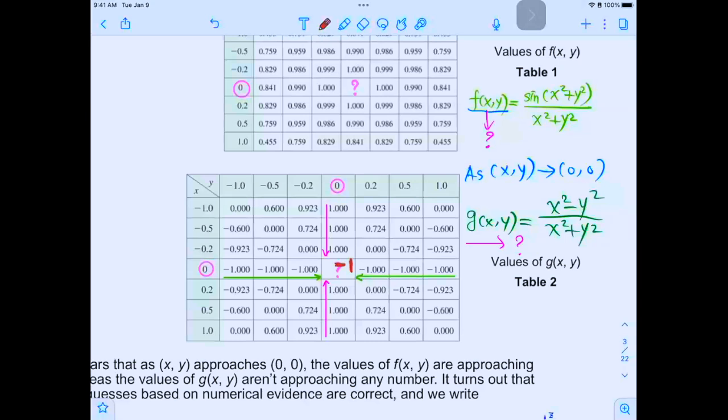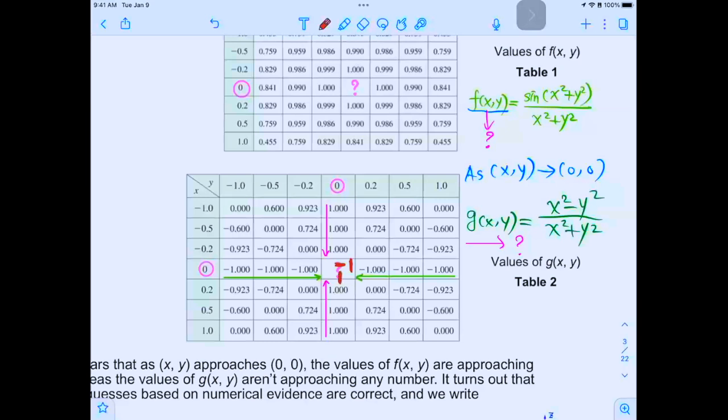Now the second time, we're going to fix this y to be 0, and then we let the x approach 0 from below and from above. So looking at the chart, what number do you think we should put over here? 1, right? That way it should be a 1.